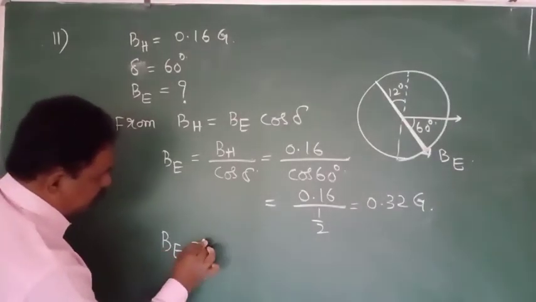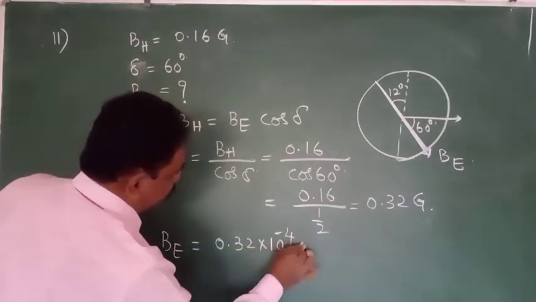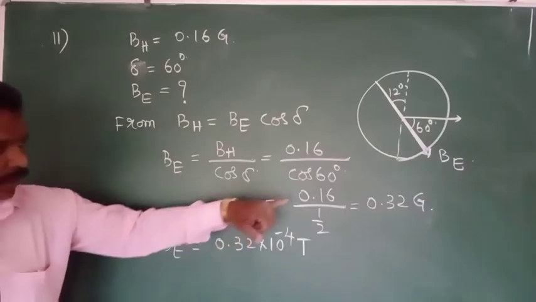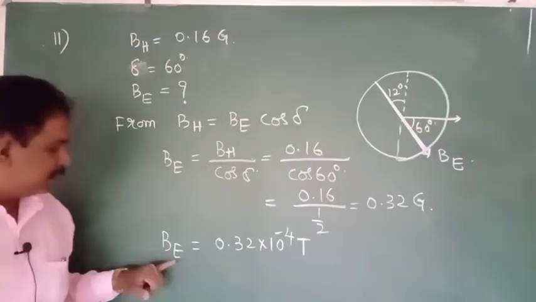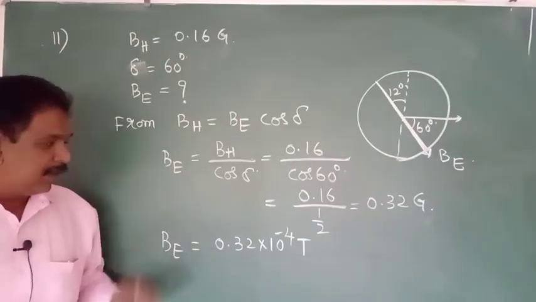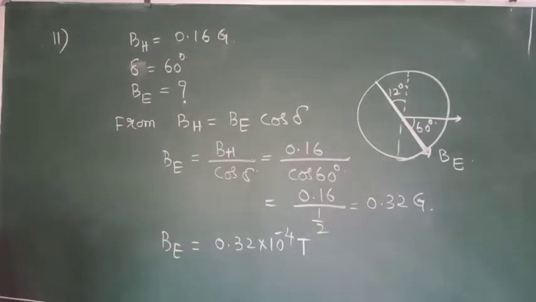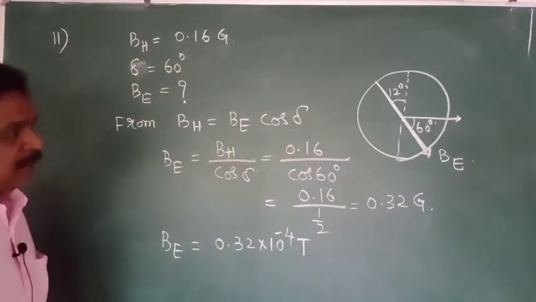BE is equal to 0.32 into 10 power minus 4 Tesla. 1 Gauss is 10 power minus 4 Tesla. This is the Earth's magnetic field. And what they are asking there is the direction of the Earth's magnetic field.